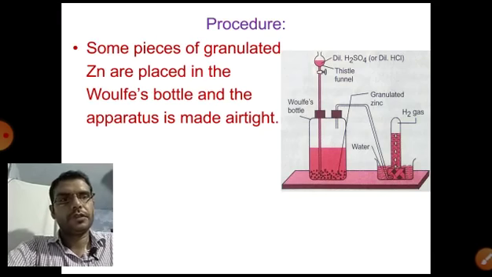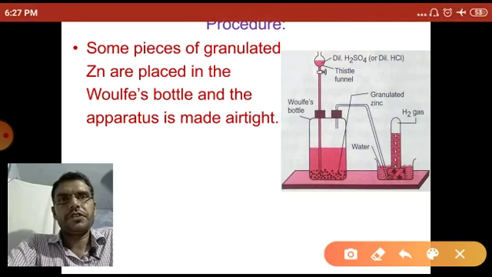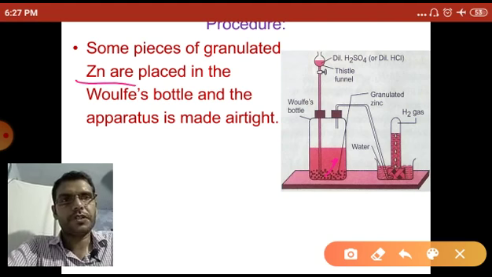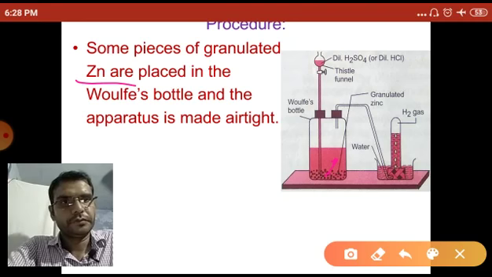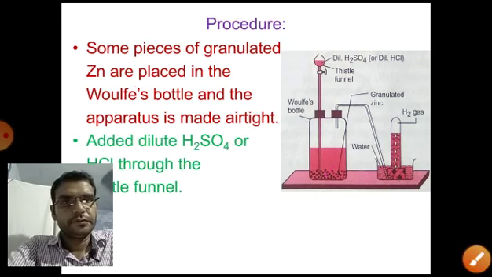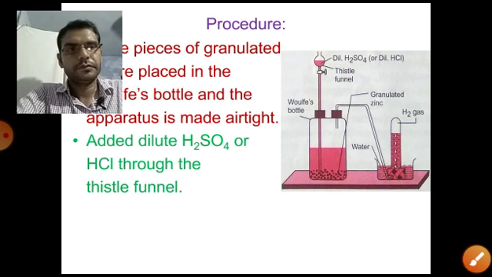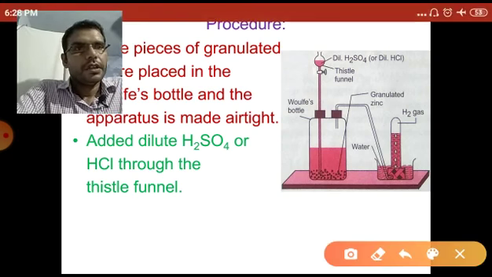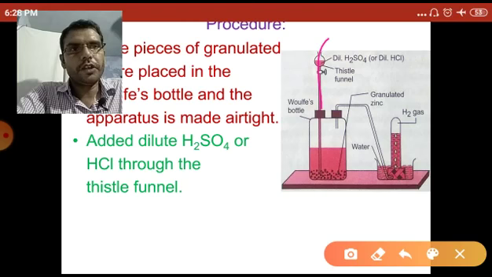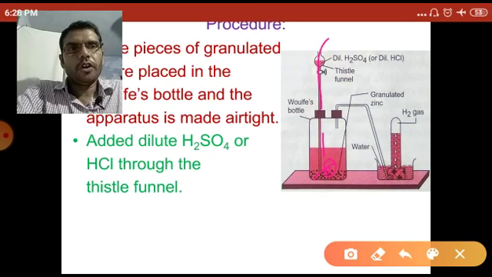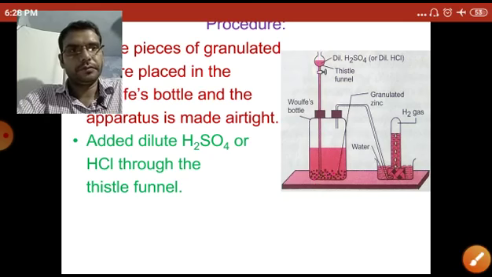Let's see in detail. Some pieces of granulated zinc are placed in the Wolfe bottle. This one is the Wolfe bottle. So some pieces of the granulated zinc are placed, and the apparatus is made airtight. Now, add the dilute sulfuric acid or hydrochloric acid through the thistle funnel into the Wolfe bottle on the zinc granules.